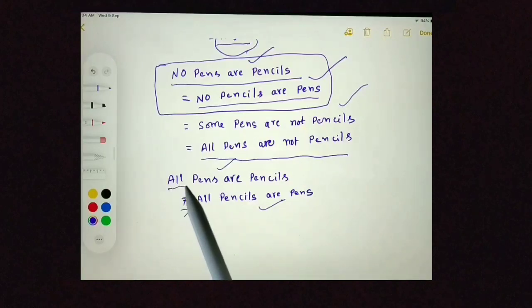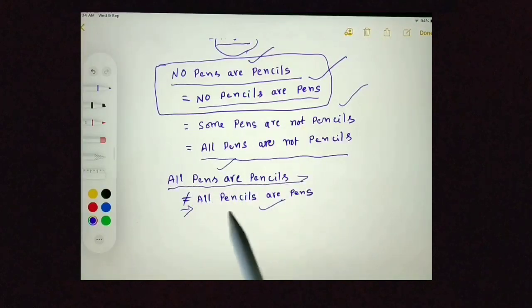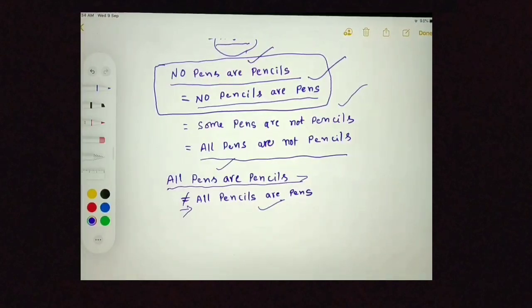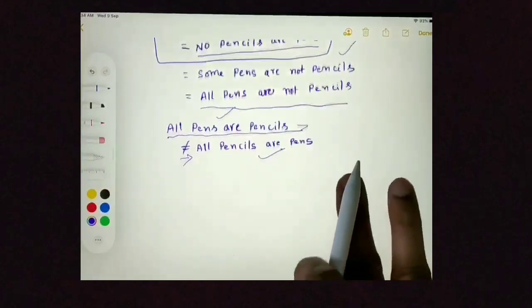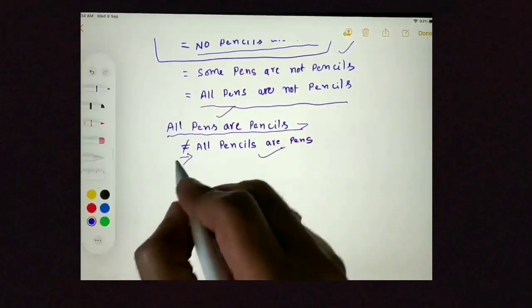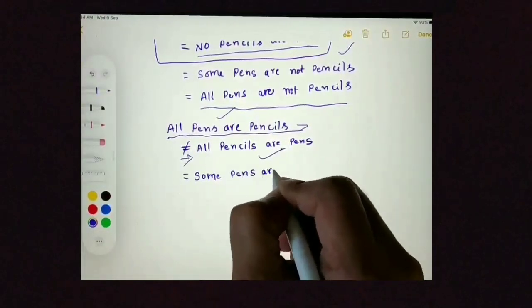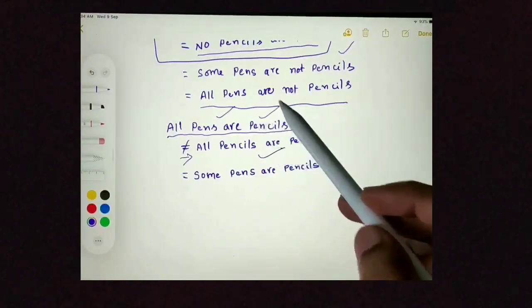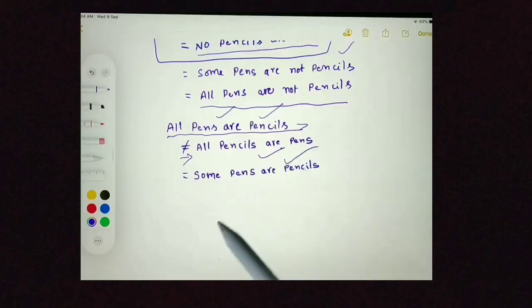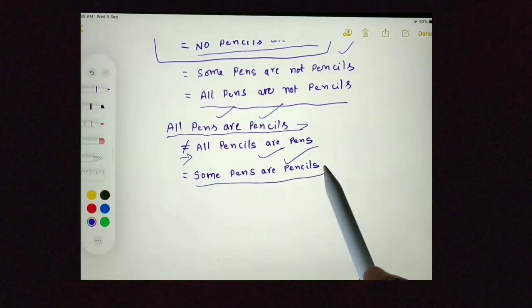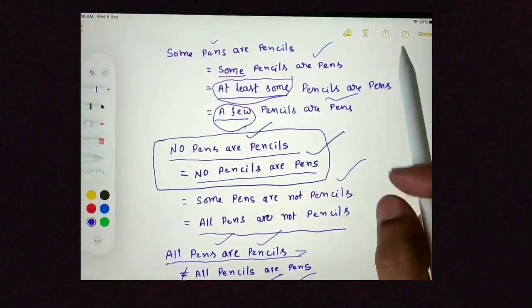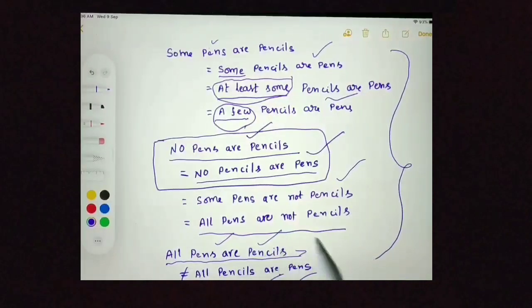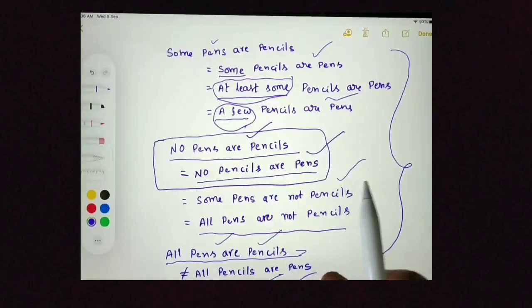The statement all pens are pencils is not the same as all pencils are pens. But we can say that some pens are pencils. If this is the statement and this is the conclusion, then this conclusion is true. These things we need to remember so that we can answer without seeing a Venn diagram.